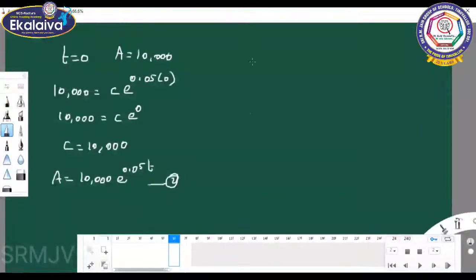So, 18 months after, what is it? 18 months is nothing but 1.5 years, because 1 year equals 12 months, 12 plus 6 is 18 months. So t equals 1 plus 1 by 2, which is 3 by 2.